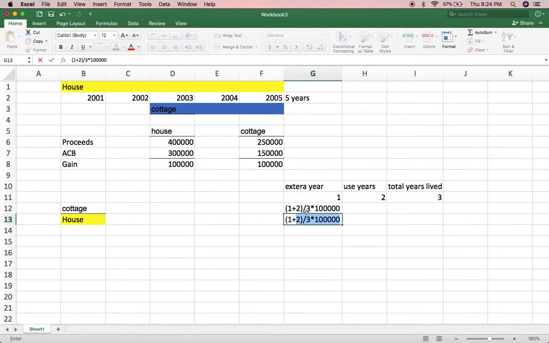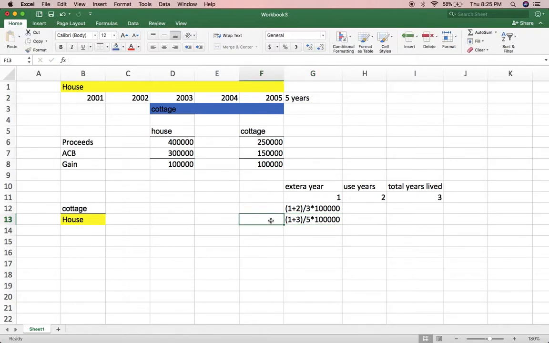Since we gave the cottage 2 years, we have 3 years left, so we put 3 here. Then we divide by the total number of years we lived in the house, which is 5 years, times the gain of 100,000.